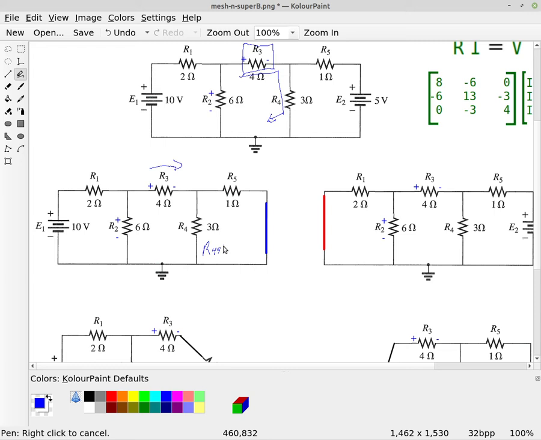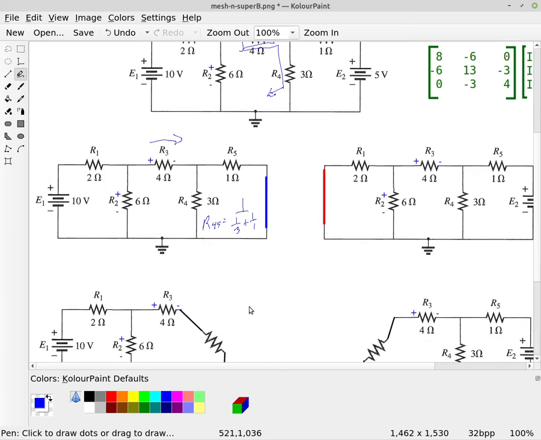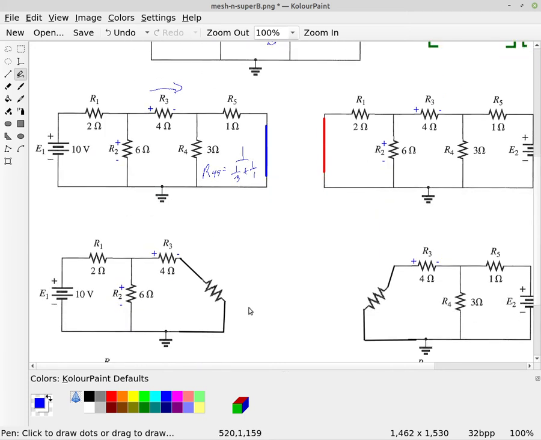If these are in parallel, right, we have that the equivalent resistance, call it R45, is equal to, using the resistive parallel equation, 1 over 3 and 1 over 1. So if we then solve that, punch that into my handy dandy octave calculator here.